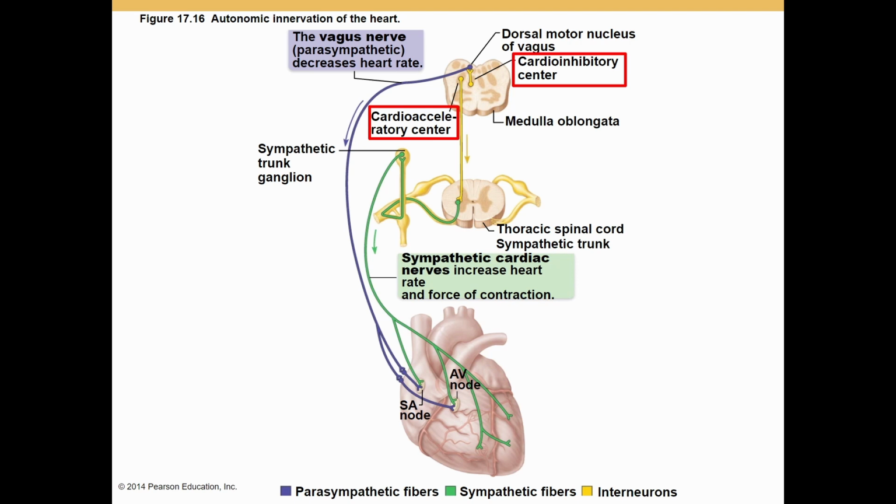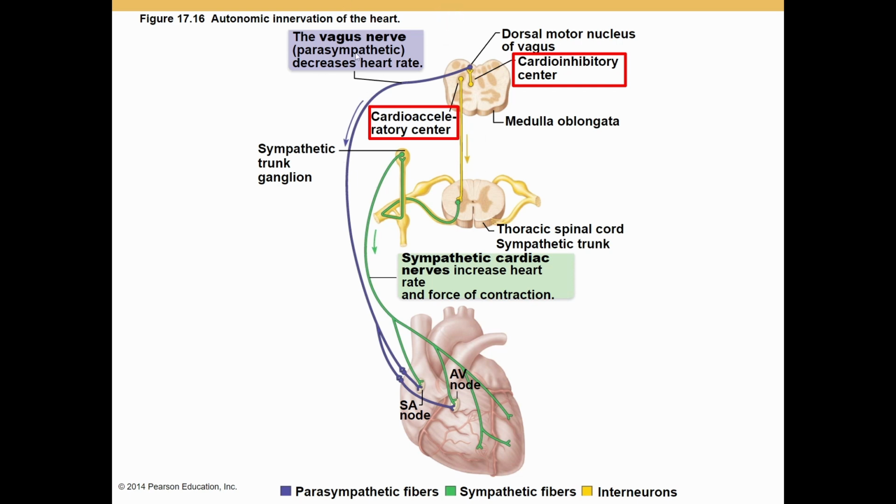So here you can see some of the innervation of the heart. Here is part of the brainstem, the medulla specifically. Note that the cardioinhibitory and cardioacceleratory centers are located in the medulla oblongata, and they'd be able to send signals down the spinal cord to the heart. They would use either sympathetic or parasympathetic nervous system fibers.